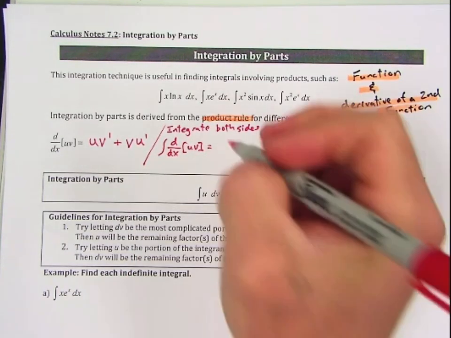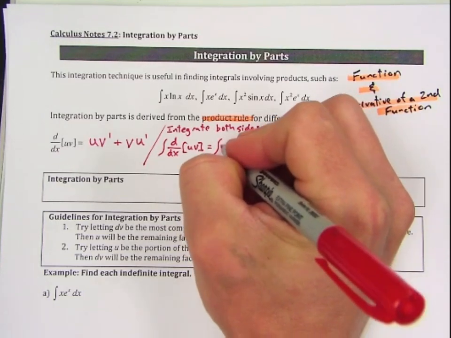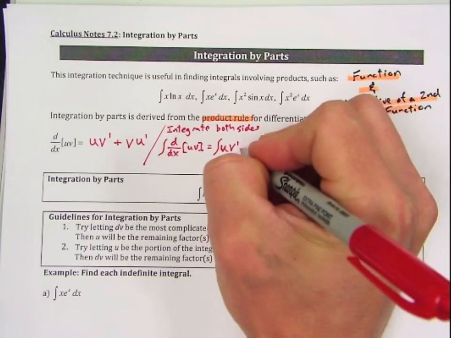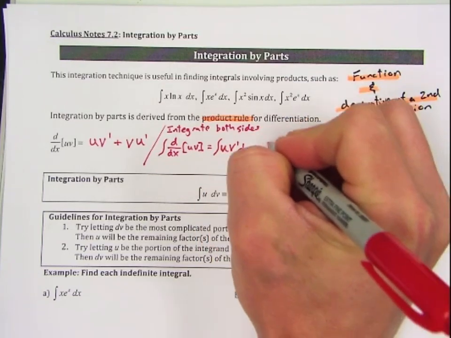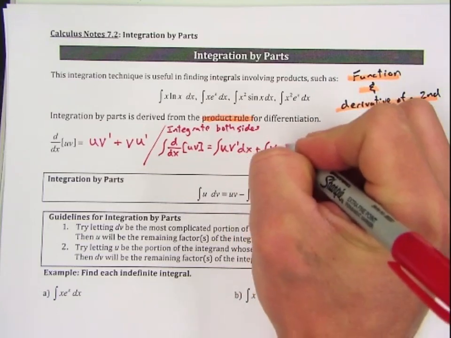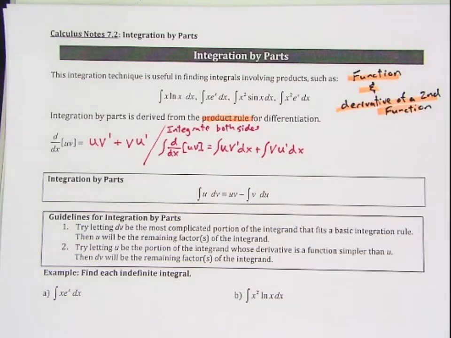Would it be uv prime? Oh, the integral of the derivative of prime. It's been a while. Huh? Okay, so we integrated both sides there.